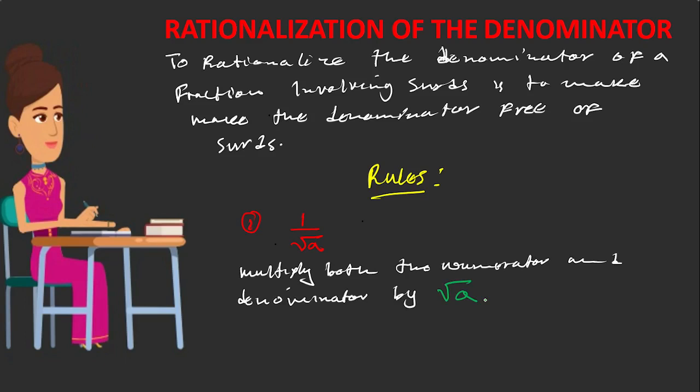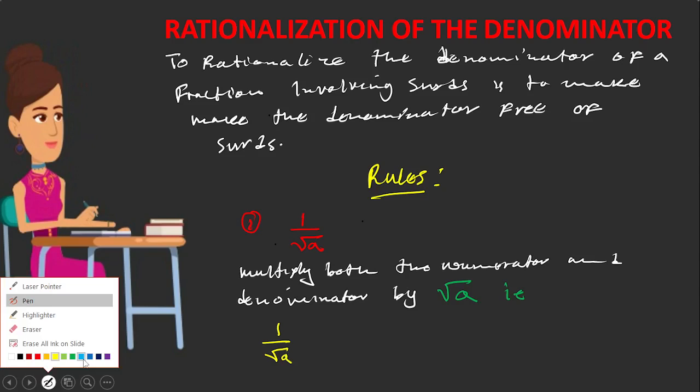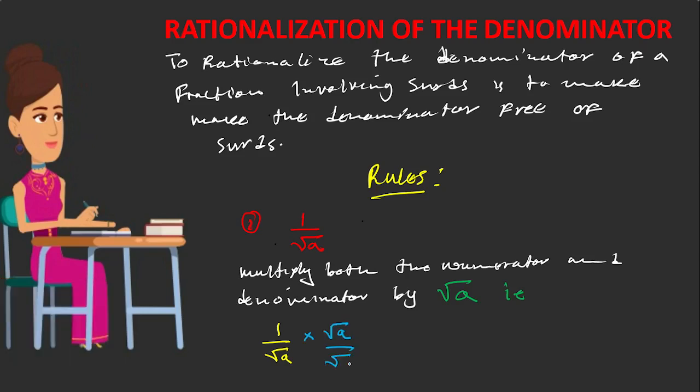Let's say you have 1 over square root a, where a is any positive number. You multiply both the numerator and the denominator by square root a, so you multiply by square root a over square root a. 1 times square root a is square root a, over square root a times square root a.